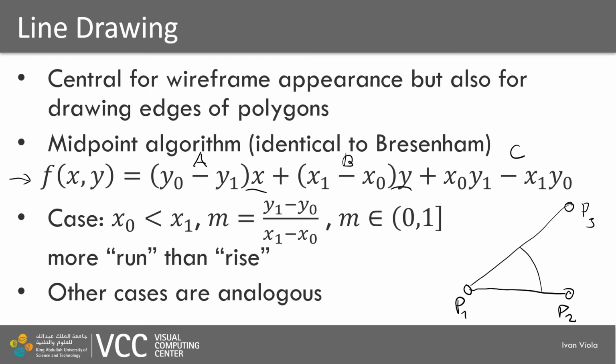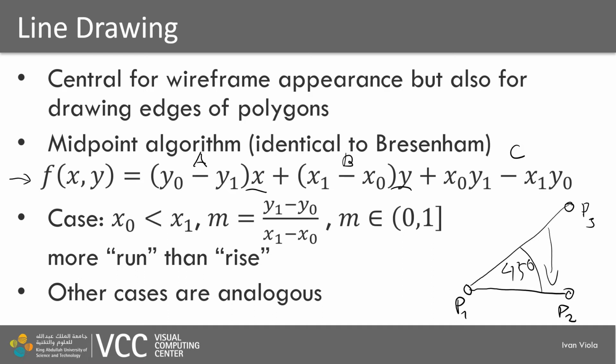So all lines which have this behavior, this direction, and are within 45 degrees, will be drawn with the technique I will describe next. All other orientations of lines can be done analogously by slightly changing the algorithm in a straightforward way.